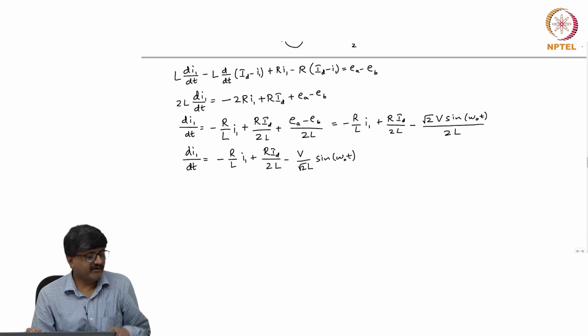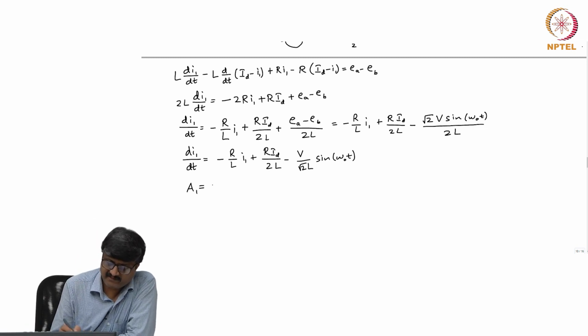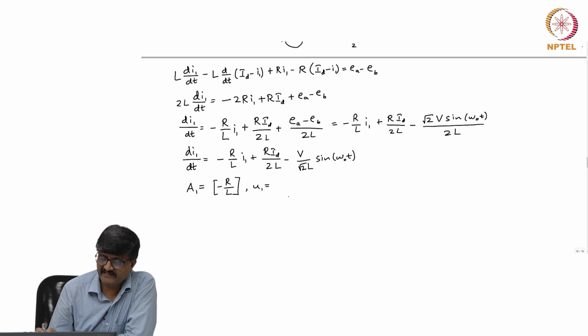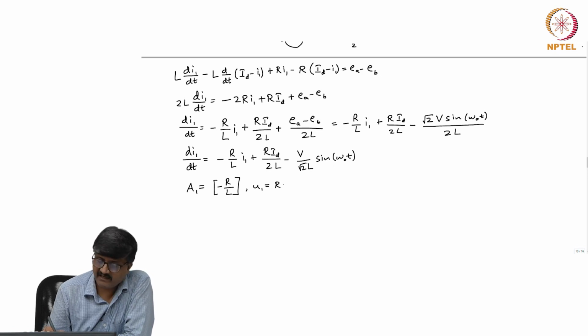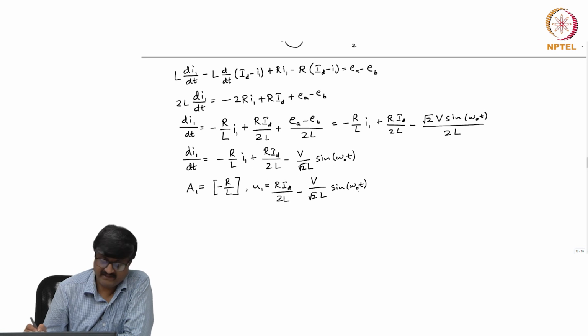Now, from this I can say what is A1 and what is U1. So, A1 is nothing but the coefficient of I1 on the right hand side, which is minus R by L, and U1 is nothing but the remaining terms on the right hand side. So, that is R Id by 2L minus V by root 2 L sin omega_o t.